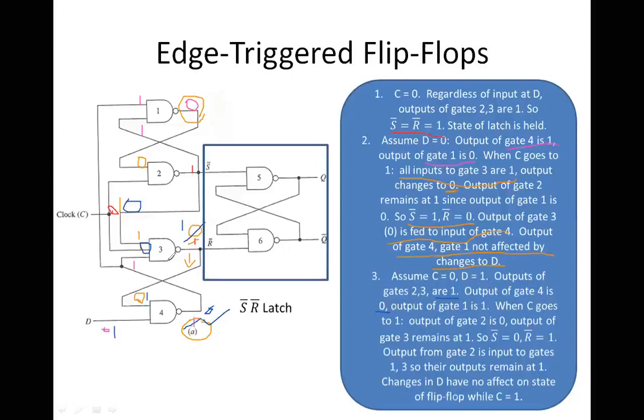This 0 will pass here, and from 1 it will become 0. So 0 into 1 is what? 0, and the value is going to become 1. So the value of gate 1 is also 1. When C goes to 1, now let us change the next case.